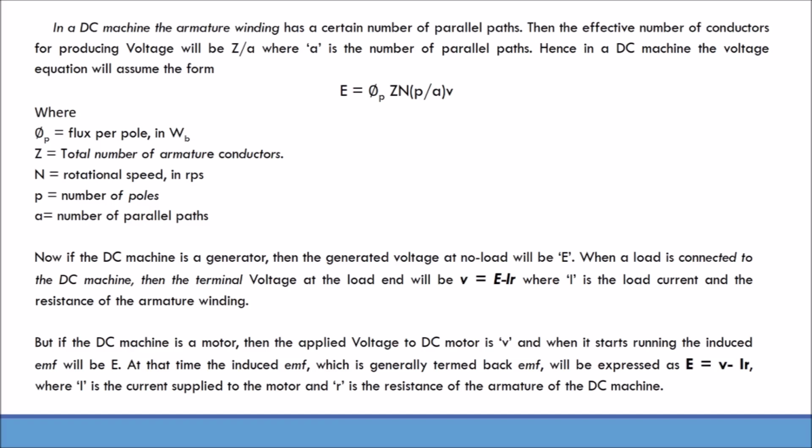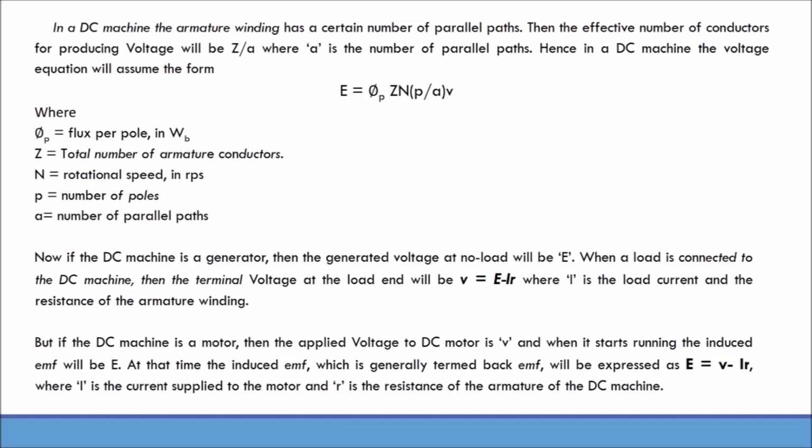Now, if the DC machine is a generator, then the generated voltage at no load will be E. When a load is connected to the DC machine, then the terminal voltage at the load end will be V equals E minus I into R, where I is the load current and R is the resistance of the armature winding. But if the DC machine is a motor, then the applied voltage to the DC motor is V, and then it starts running.